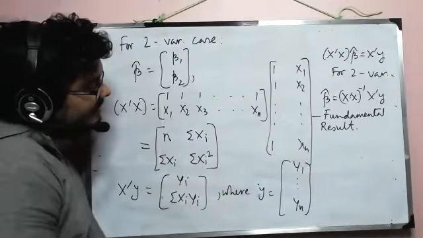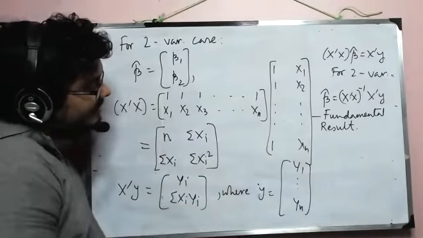So first we will have (X'X)^{-1} X'u, and of this we are taking a transpose.